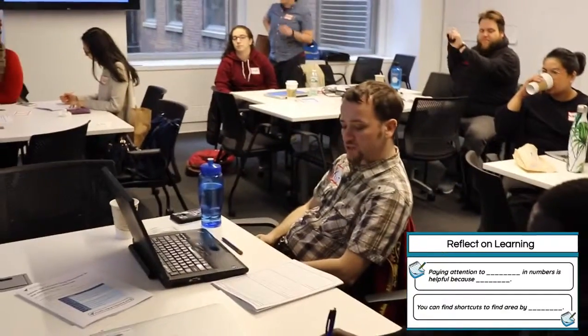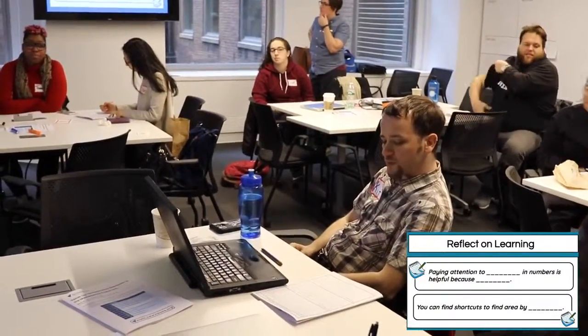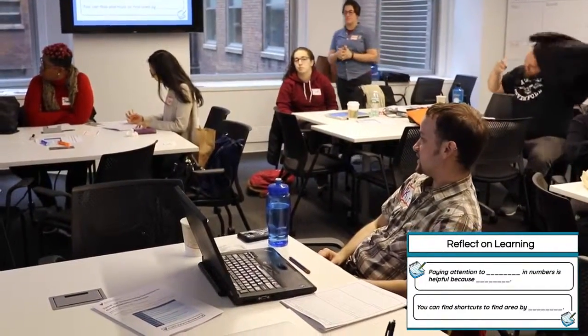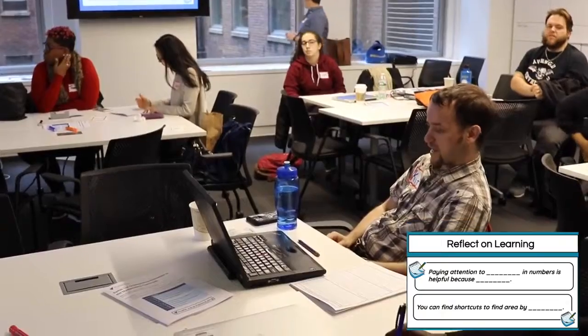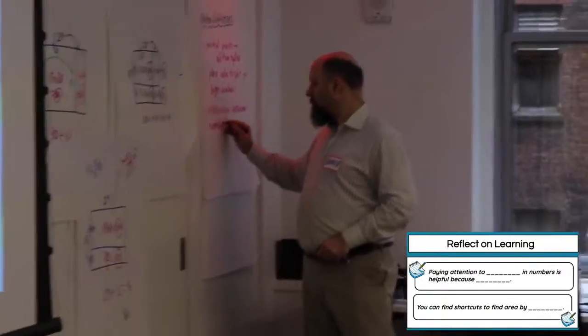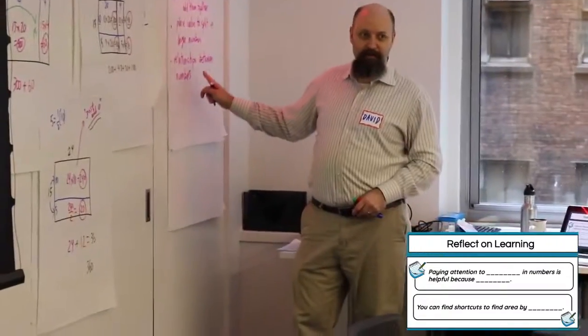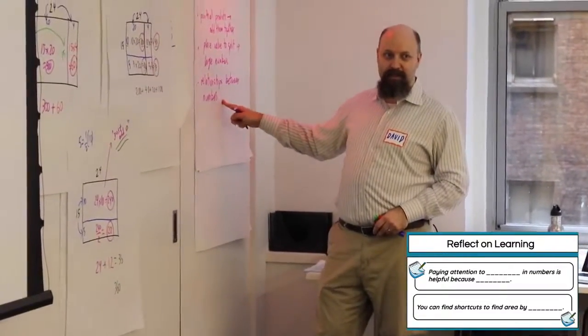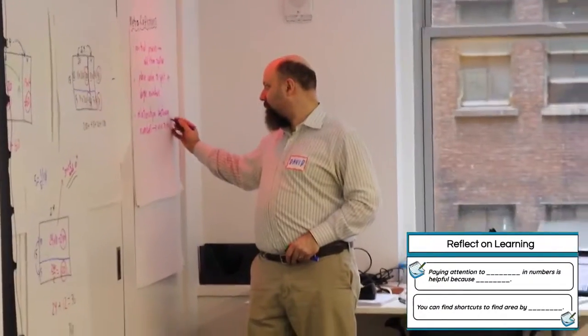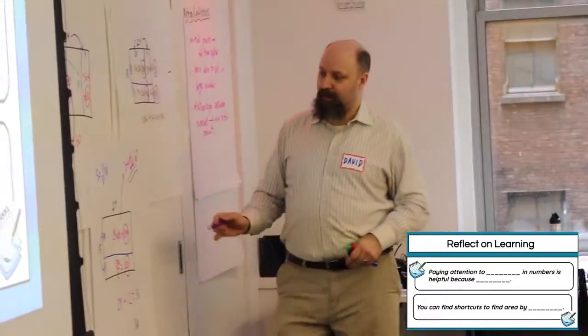There are other hands raised. Becky, I think you had your hand raised? Oh, no. Okay. Kit, go ahead. Paying attention to relationships between numbers is helpful because you can find products by using those relationships. For example, when I did that, times 5 was half of times 10. And then your example is right here.